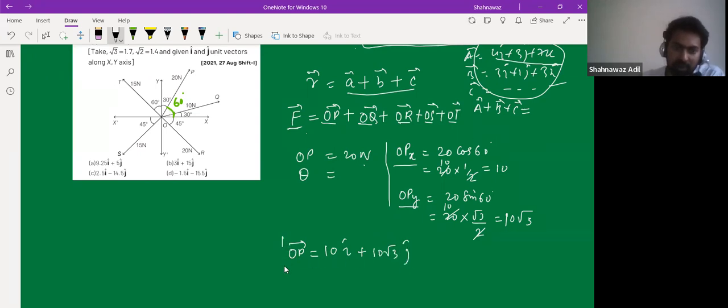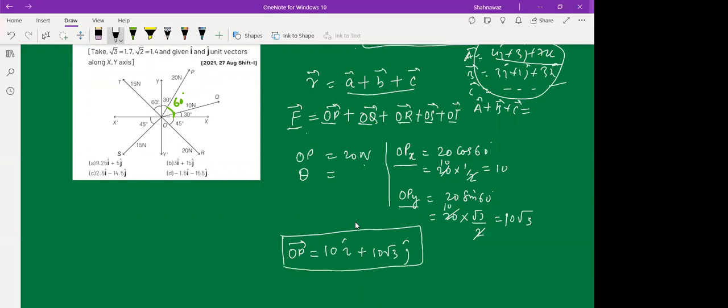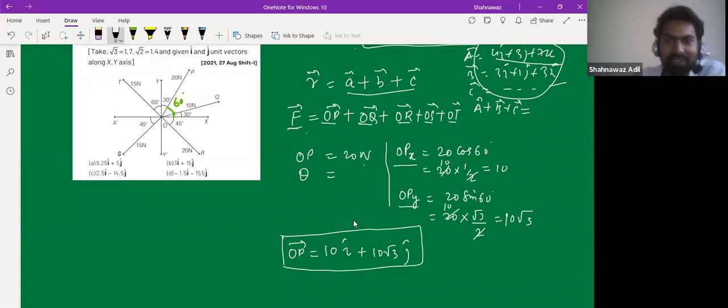So this is the OP vector. And now you guys will try to calculate OQ. So who is going to explain me OQ?